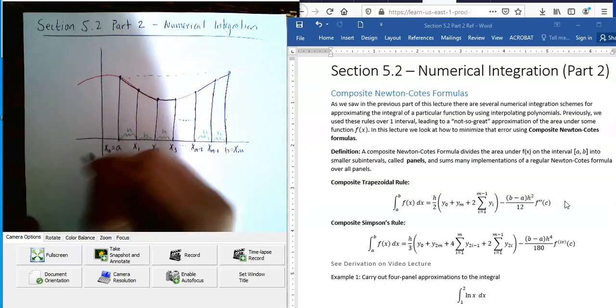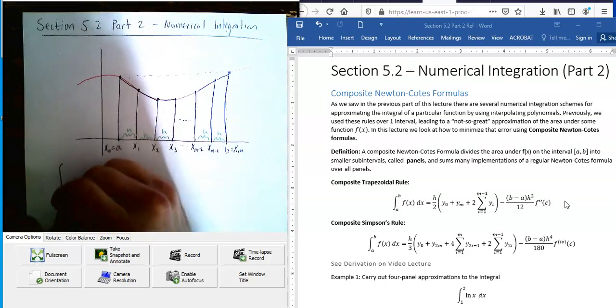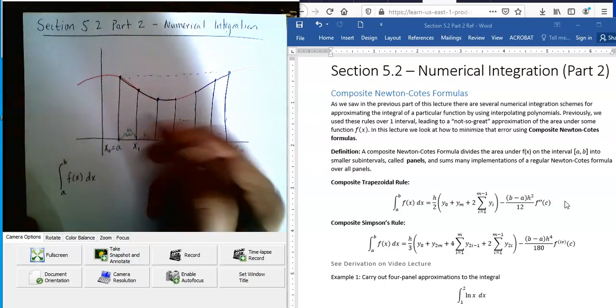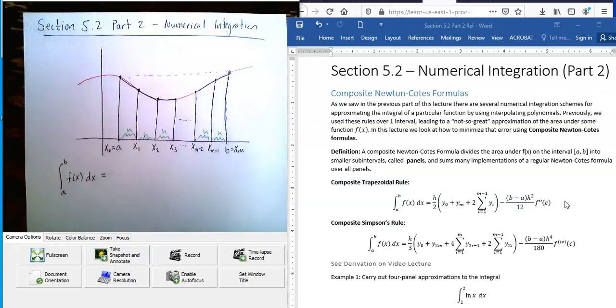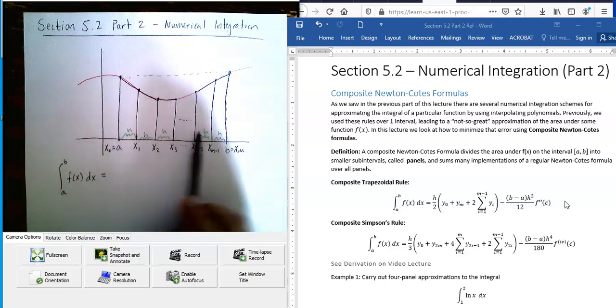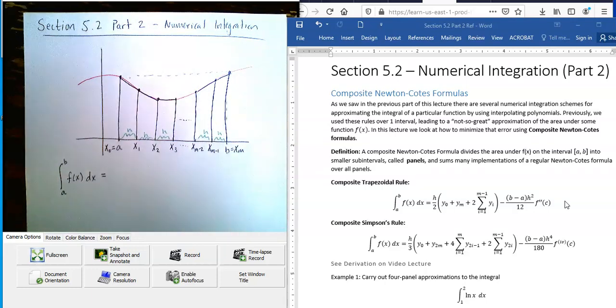Well, we know that the integral from a to b of f of x dx will be equal to, okay, so we're going to use equality here because we're going to account for the error terms for each of these trapezoids. So the integral from a to b of f of x dx is equal to the areas of all of these trapezoids plus their error terms combined, right? So let's look at the first one.